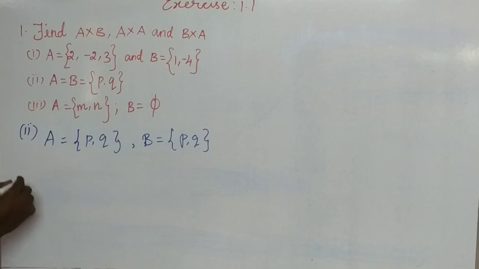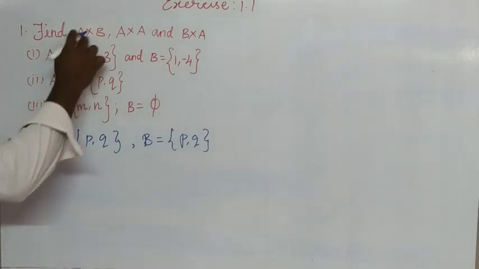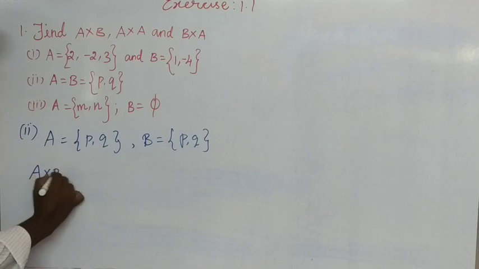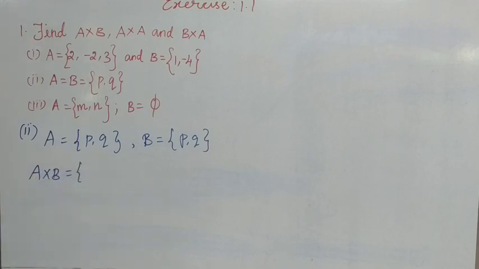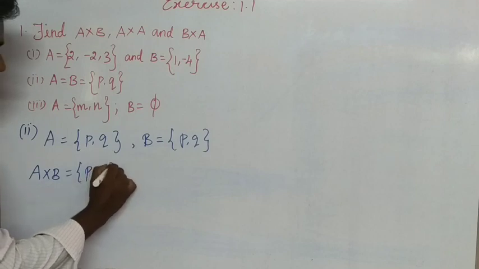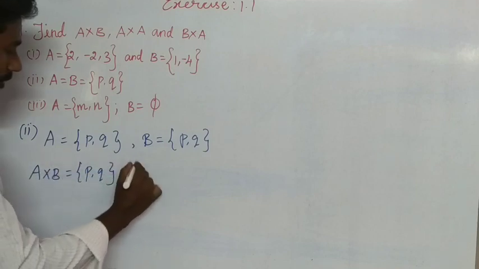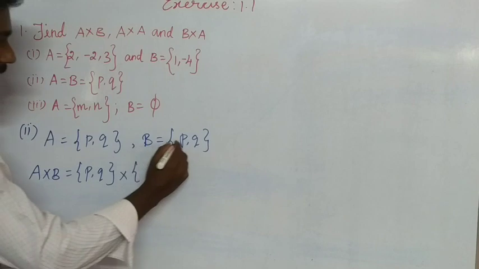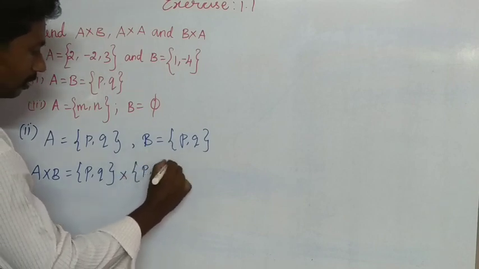Okay, now first you have to find A cross B. You have to write as it is given in the problem. So first what is A? {P, Q}. Then cross the elements of B, also the same {P, Q}.